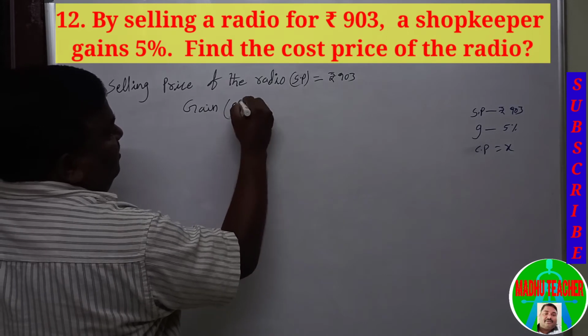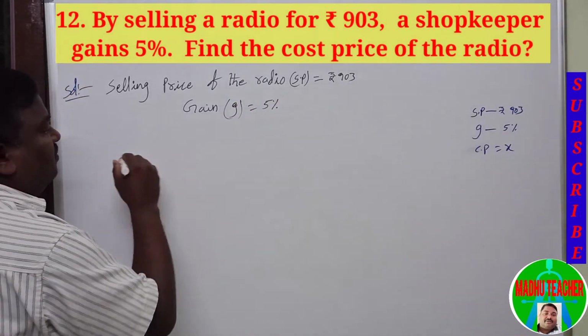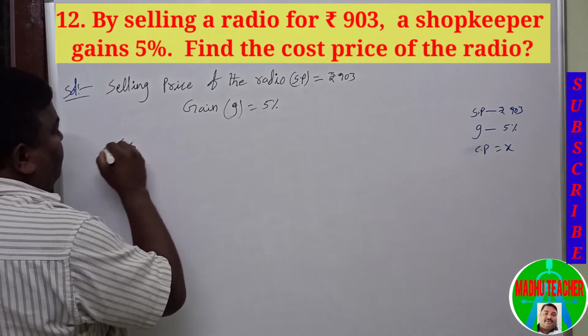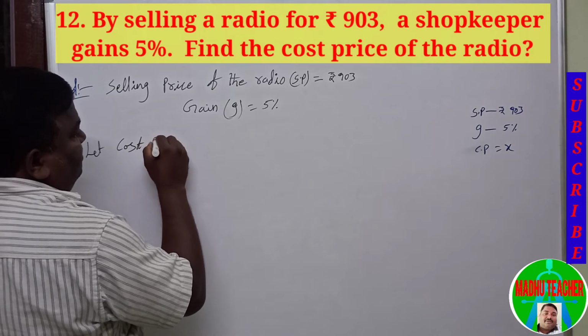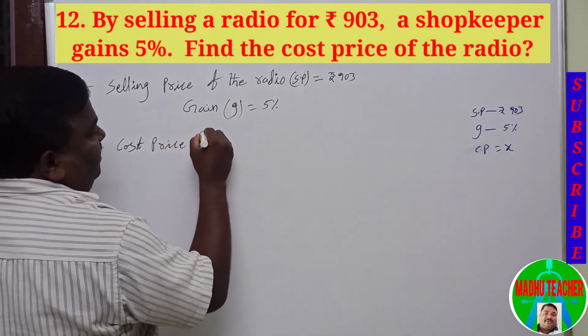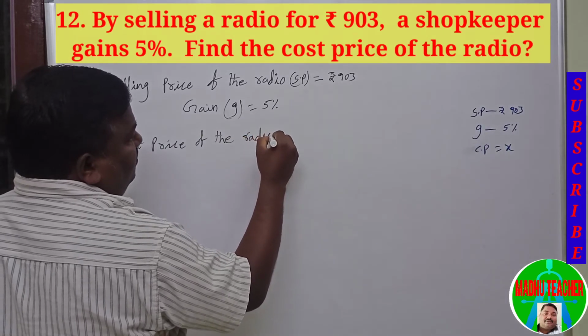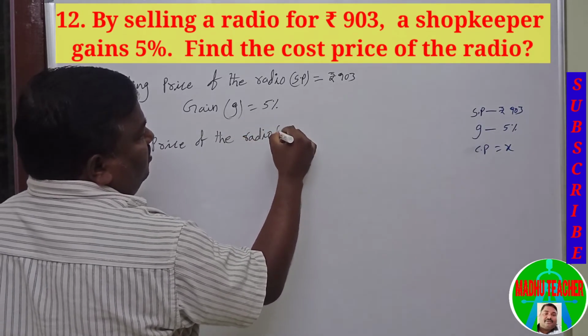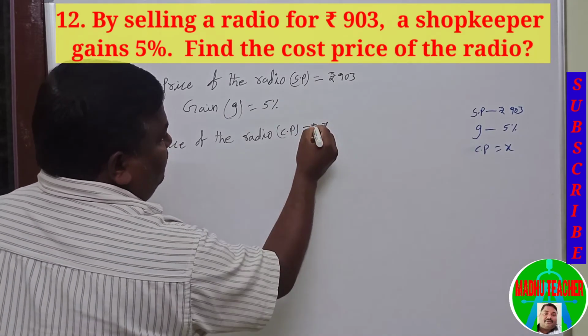Next, gain. It is generally denoted by G equals 5%. We are taking, let the cost price of the radio, CP, equal x rupees. Okay.